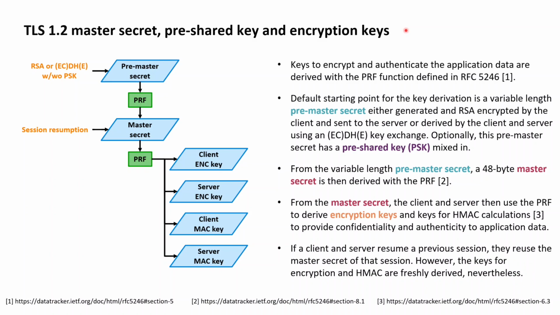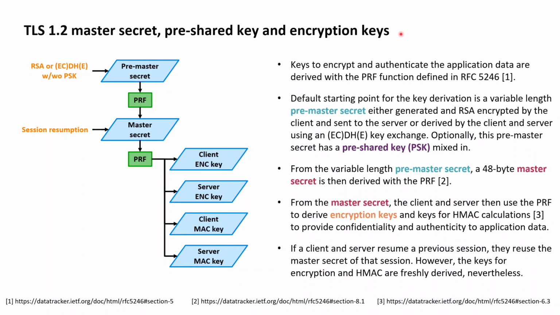This lesson is now about investigating the relationship between the master secret, pre-shared key, and encryption keys within TLS 1.2, where this relationship is given by the pseudo-random function PRF. The ultimate goal of TLS 1.2 is to have the client and the server arrive at keys that can be used to encrypt and authenticate the application data exchanged later on in the TLS connection.